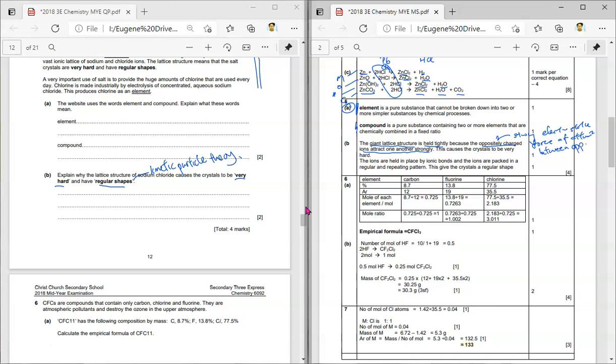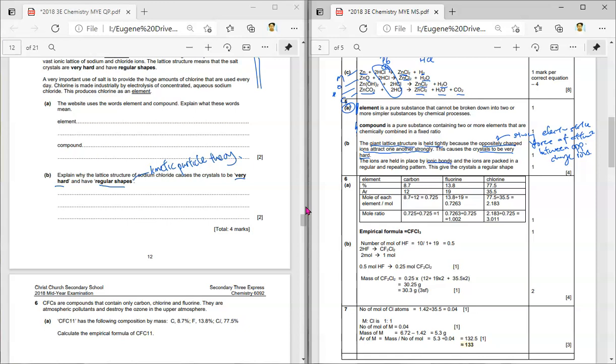Once you give me that, you can conclude that the crystals are very hard. The strong force of attraction makes it difficult to separate the ions, and hence they are very hard. Next, regular shape means that the particles are held in place. Why are they held in place?